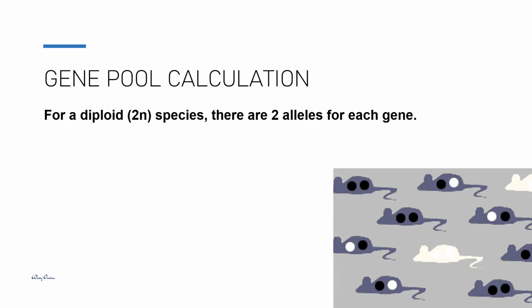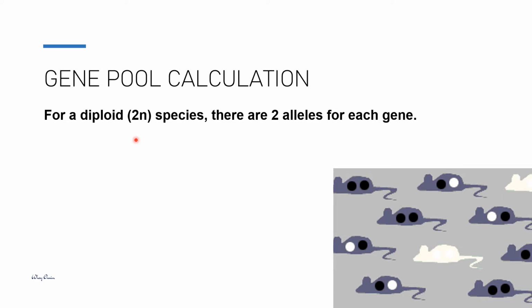When we say population, we refer to a group of individuals of the same species that are able to reproduce sexually. So these individuals are considered a diploid species.